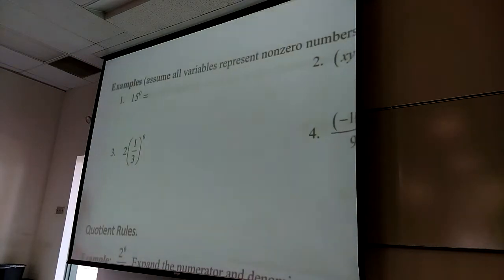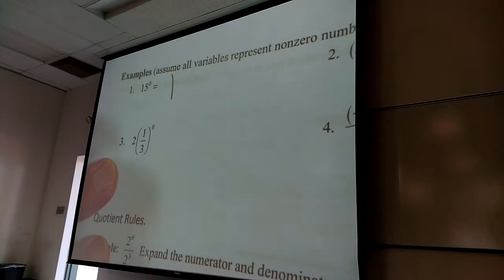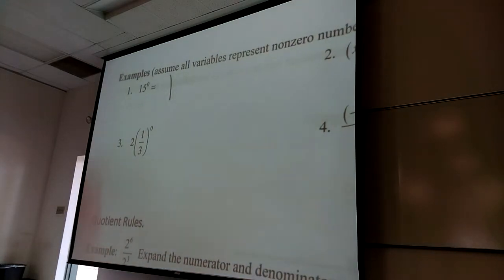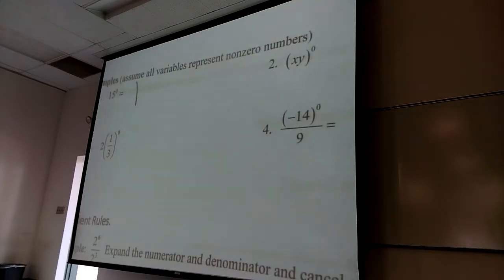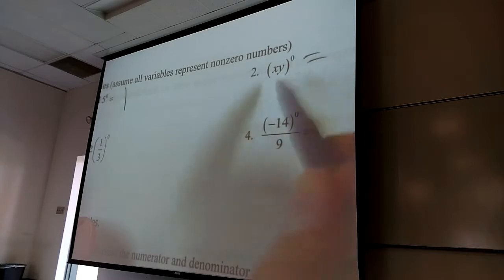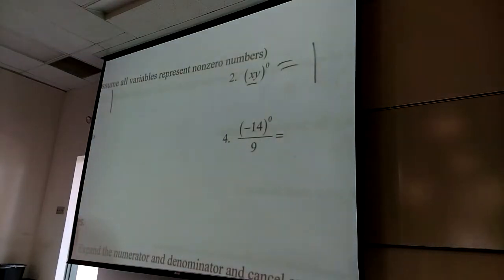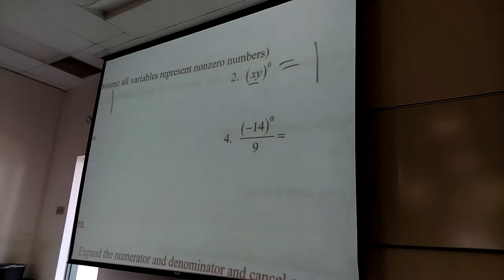So what about, let's see. Who remembers what anything to the 0 power is? 1. Sweet. I got no 15s, so I just got a 1 sitting there. So what about number 2 there? Anything to the 0 power is 1. Done. The rest of them as well.